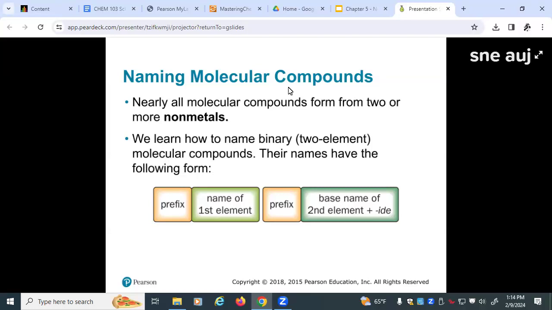Potassium chloride, tin oxide. They followed the same kind of pattern. Element, element-ide, element, element-ide.